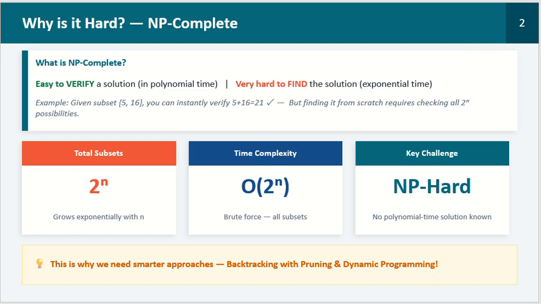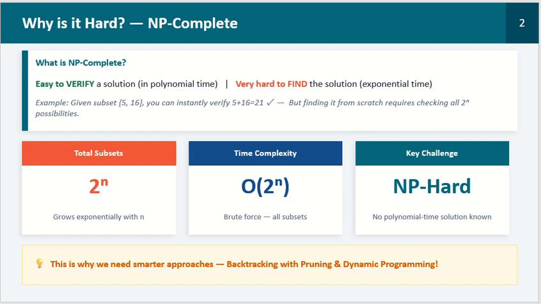The number of subsets grows exponentially, that is 2 raised to n. That is why we call it an NP complete problem. So the challenge here is that it is an NP hard problem. This is the brute force time complexity, so we need a smarter method instead of brute force.